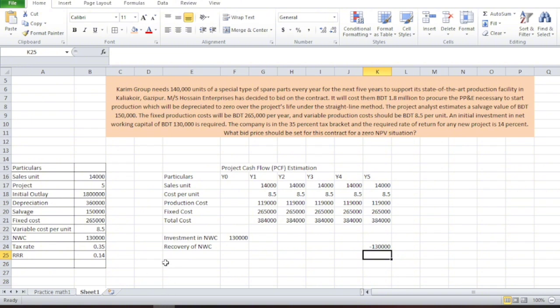Now the initial outlay, which was in year one. It was recovered as the salvage value in year five. So we will use a minus before the amount because it is our cash inflow.